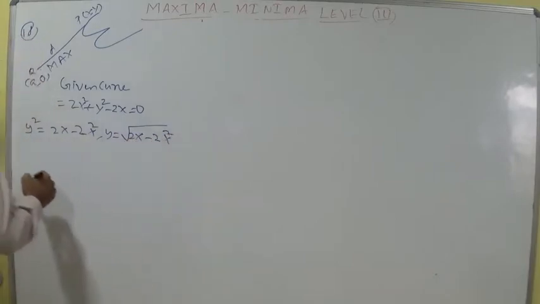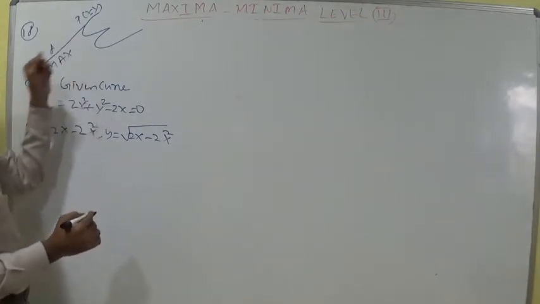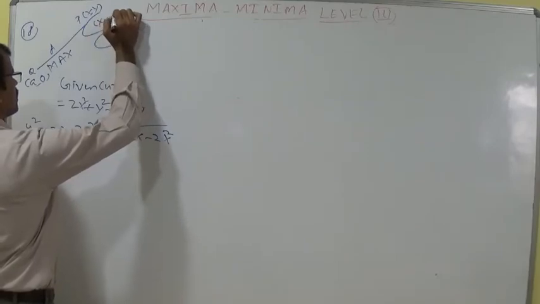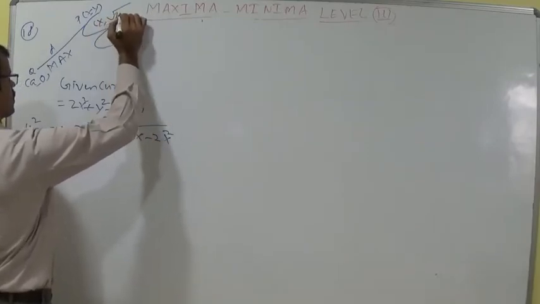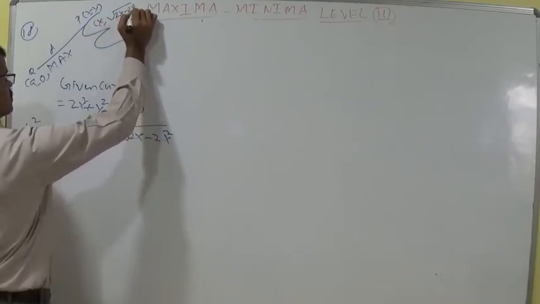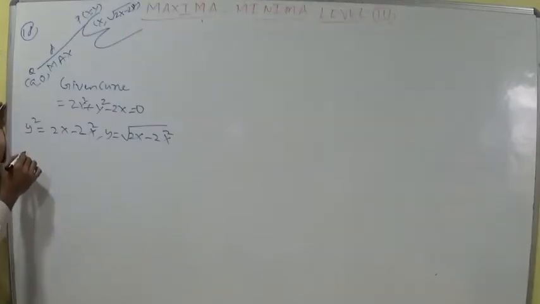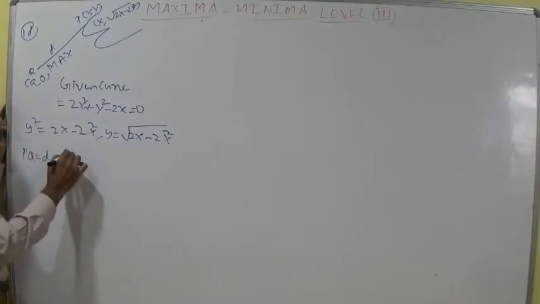It's okay. Now let us discuss the point P x comma y. At P x comma y we can write here x comma square root of 2x minus 2x square. Now let us write PQ. The distance PQ is equal to D, I am writing here.